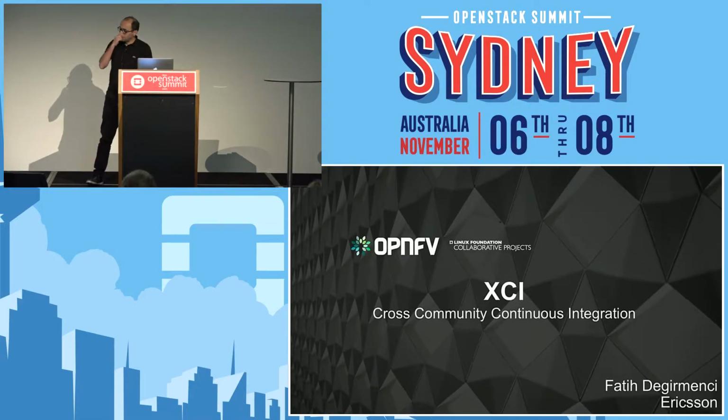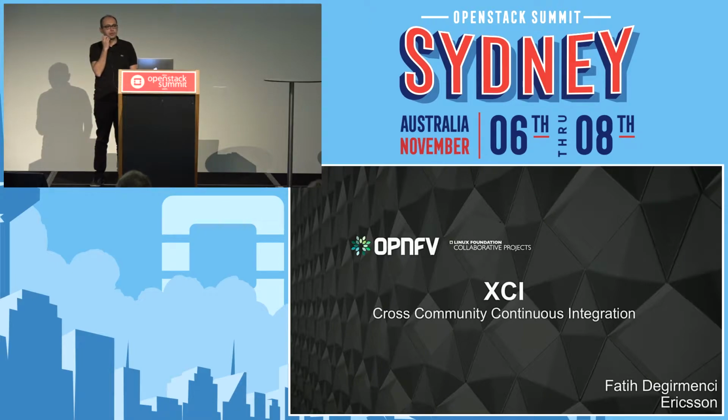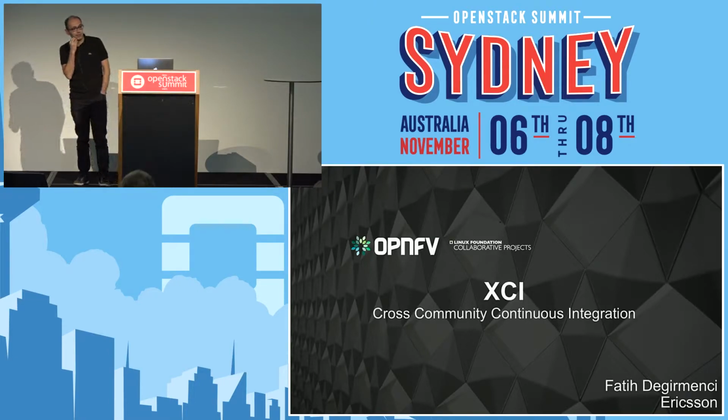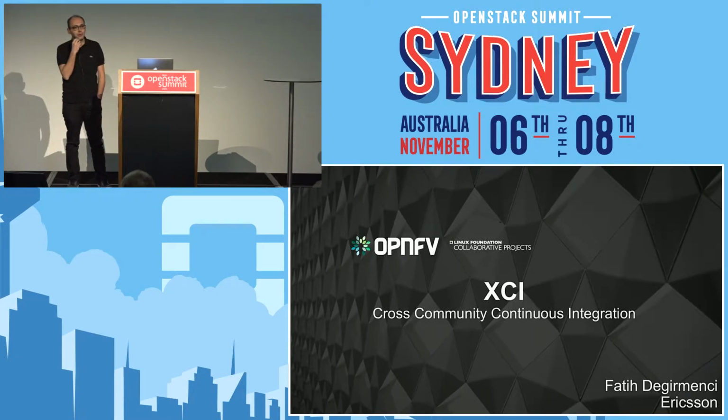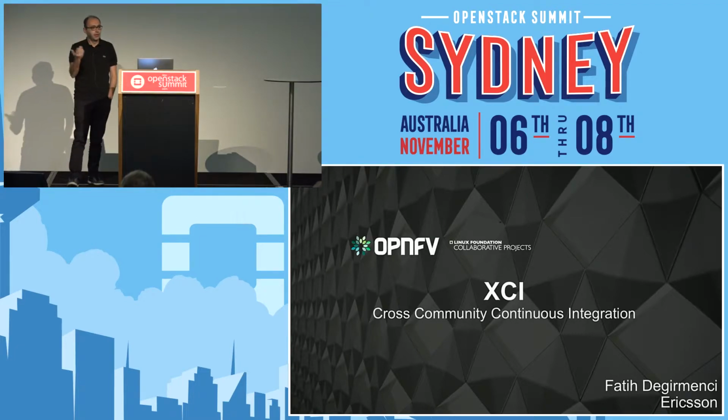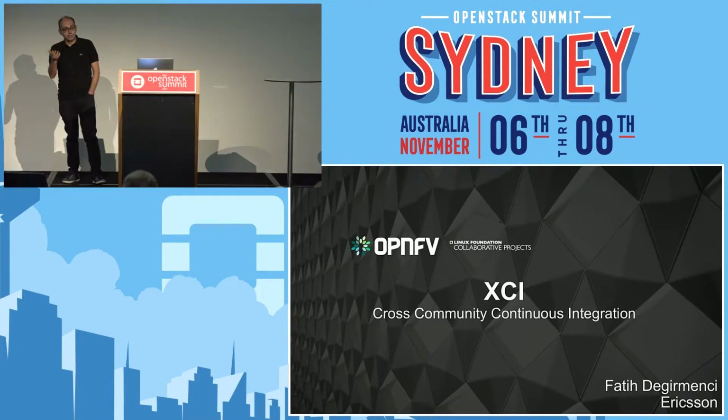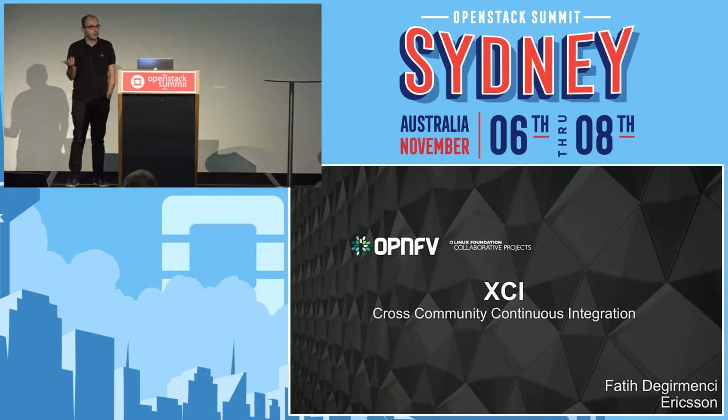In this talk I will try to give you some idea about what this cross-community CI effort or initiative is, because it was part of the keynote as well, which made us very happy. It told us that this is a common problem, not just about OPNFV but the larger ecosystem, and we want to work with others.